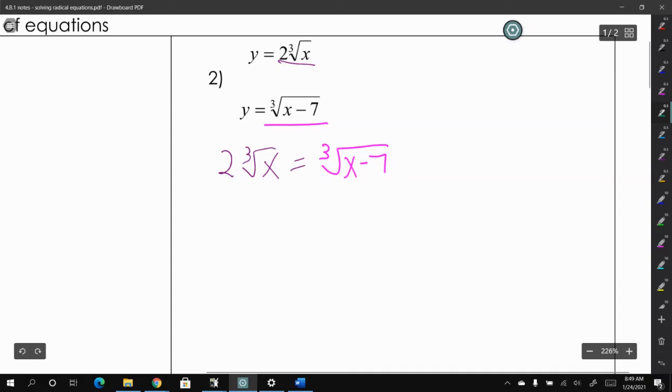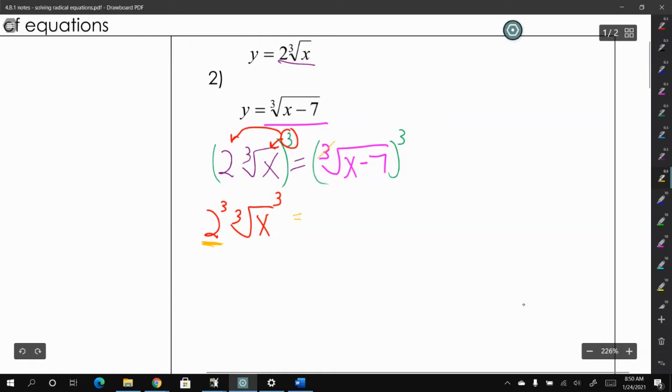And we can't really combine them, so what we're going to do instead is we're going to raise each side to the third power right away. Be careful on the left side. It's really 2 to the third power times the third root of x to the third. This third power's got to go to both things. And it's very easy to miss this right here, the 2 to the third.